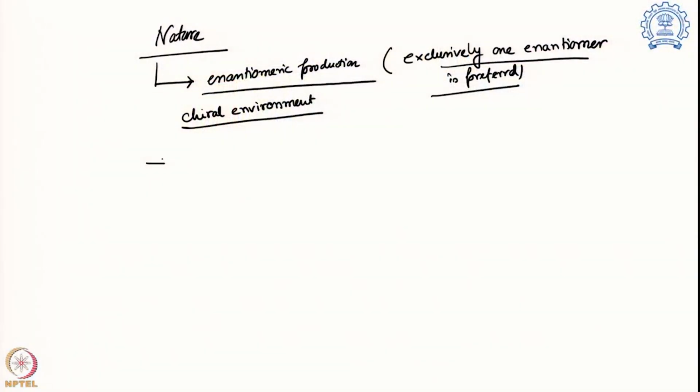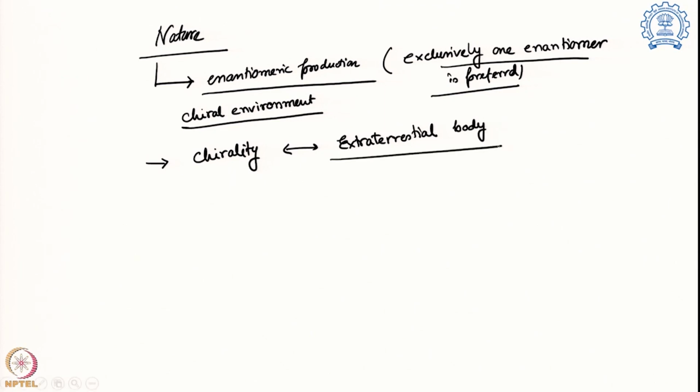So, one of the ideas was that this chirality may be triggered by an extraterrestrial body. That means this chirality is actually not from the earth itself, it has come from outside the world. So, is there any proof?